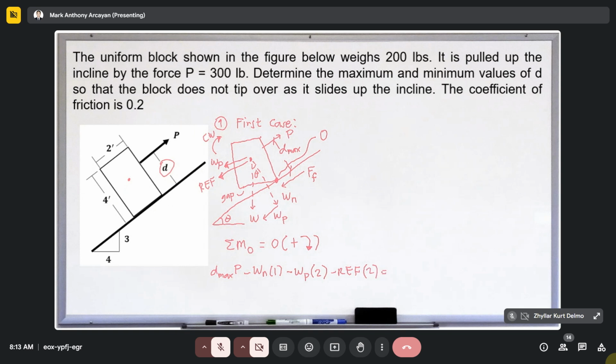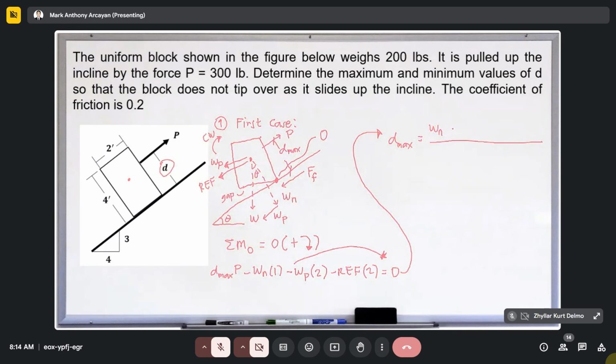That's 2 feet, is equal to 0. Okay. And I think the normal component of the weight and the parallel component are given, so we can solve for the D max. So D max is equal to Wn. Okay, we're going to transpose all the constants to the right side.